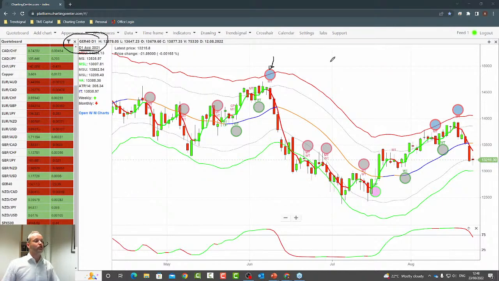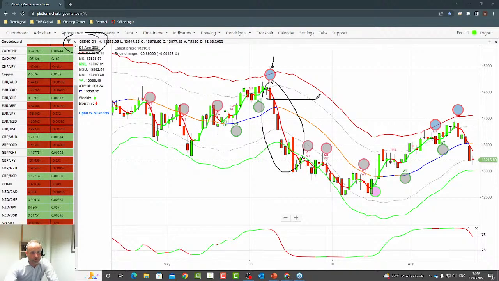What I'm going to do is talk about how we take these high probability entries and how we look to trade them. What I want you to notice is that over this period, it's actually quite a choppy market. Now, a lot of newer traders think that the markets typically move with big sweeping moves like this.